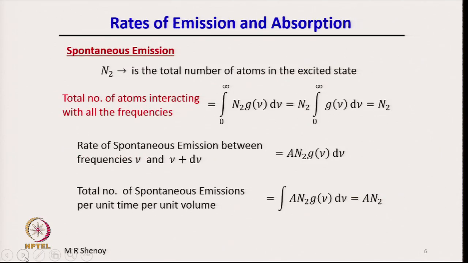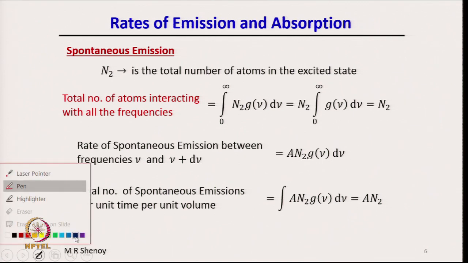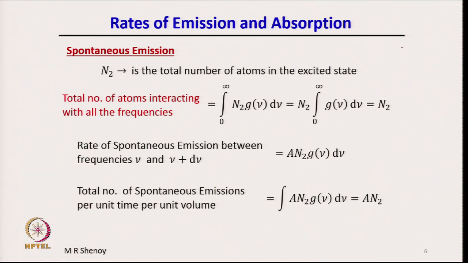So, if N2 is the total number of atoms in the excited state, we are looking at the same 2 level atomic system, with N1 and N2 the number of atoms per unit volume.